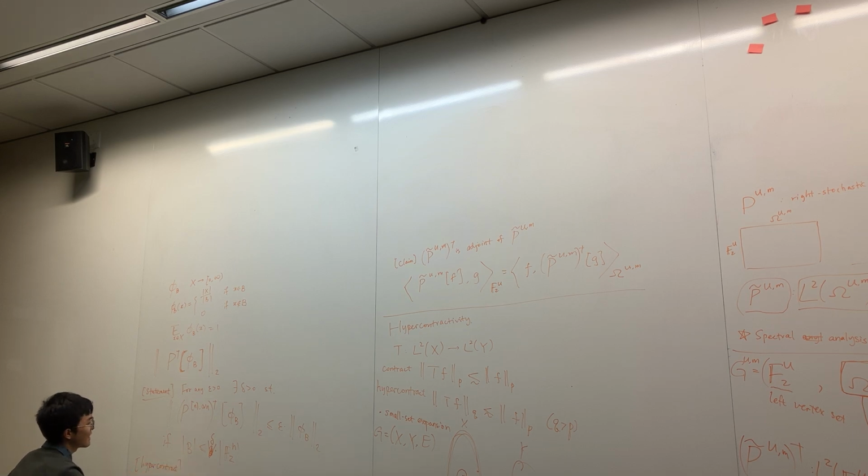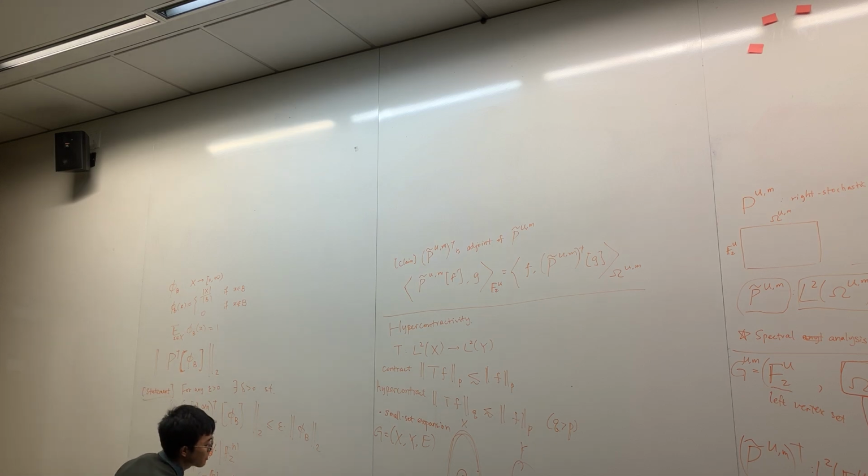Hypercontractivity is going to say that the 2 norm of this is at most, for example, the 5/4 norm of phi of B. And what is this?